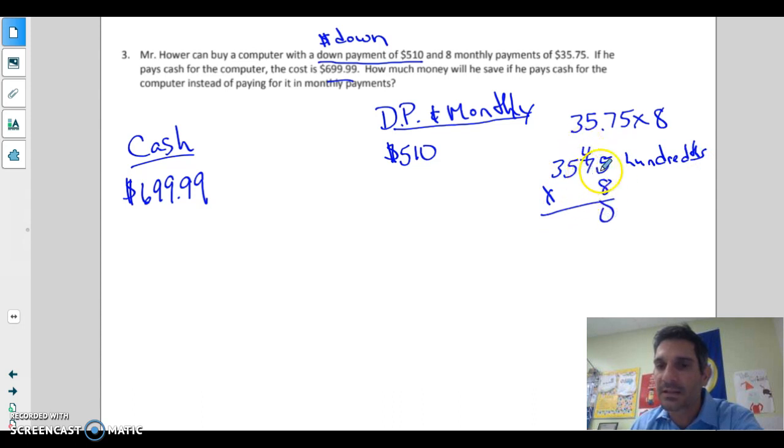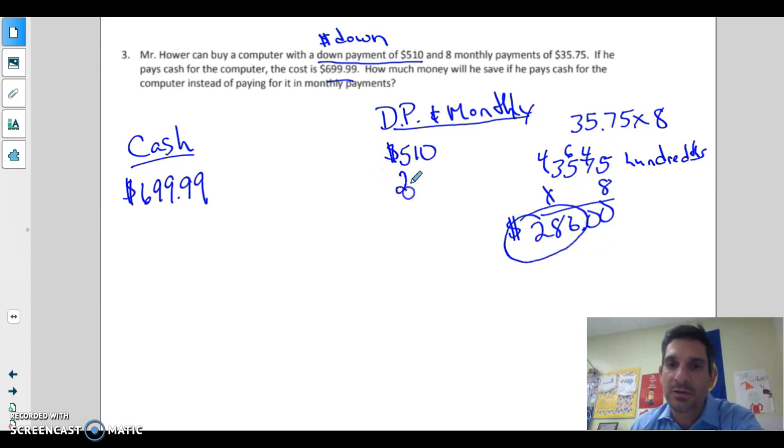It's 56. That's 60. 6. 40, 6, 4, 24, 28 hundredths. So right there. So over 8 months, they're going to pay a total of $286.